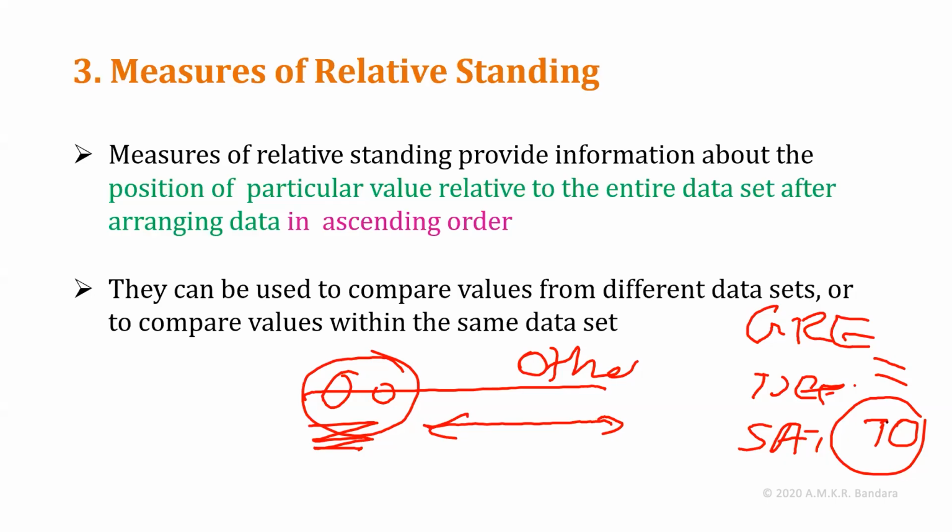We may need to know where this 70 is located. Sometimes this 70 may be the lowest data point in the data set, and it may also be the highest data point in the data set.